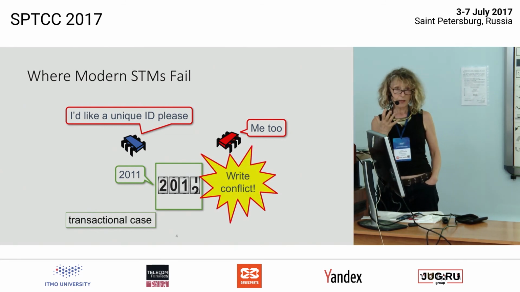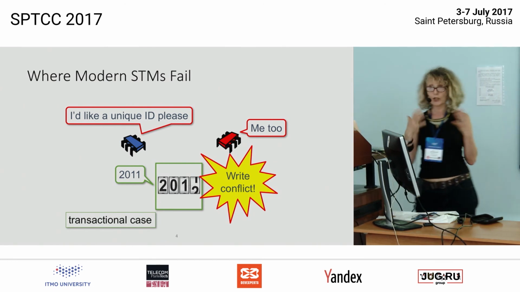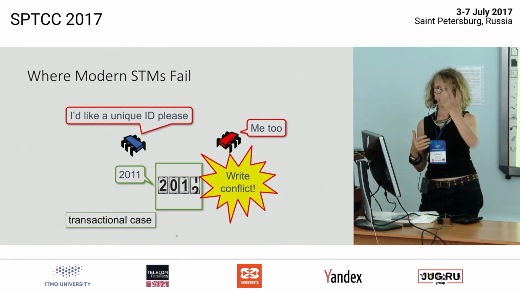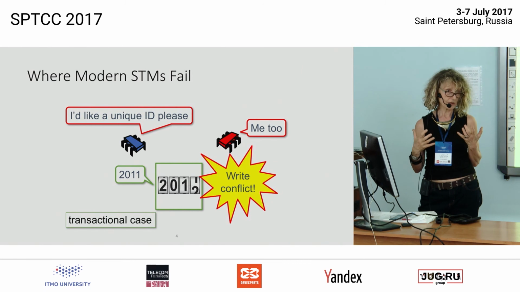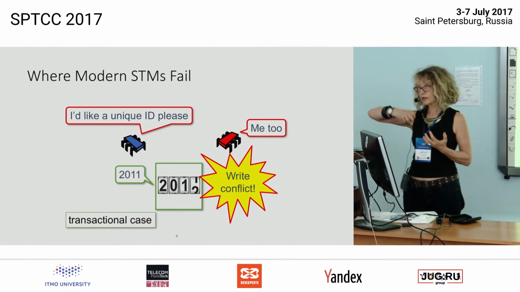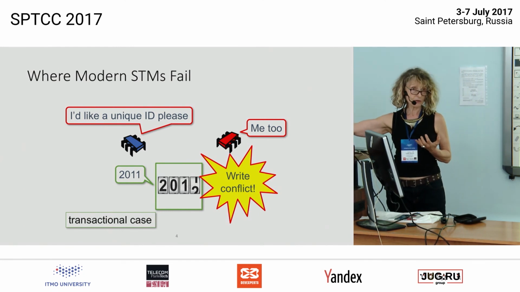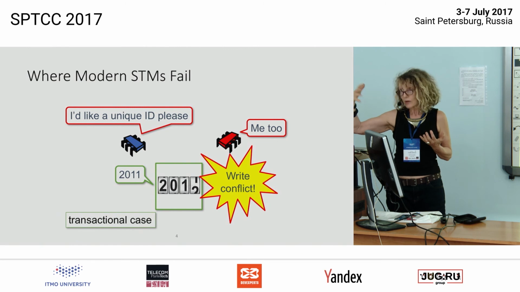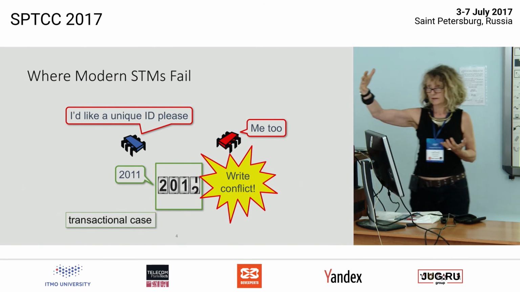Because what happened, whoever went first read the initial value of the counter, and then by the time they came to commit, the other thread already got another value of the counter, so the counter value has advanced.